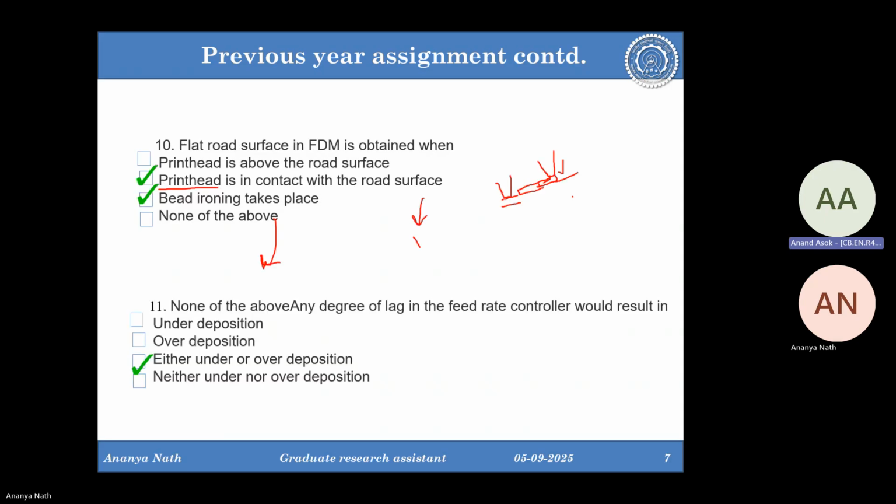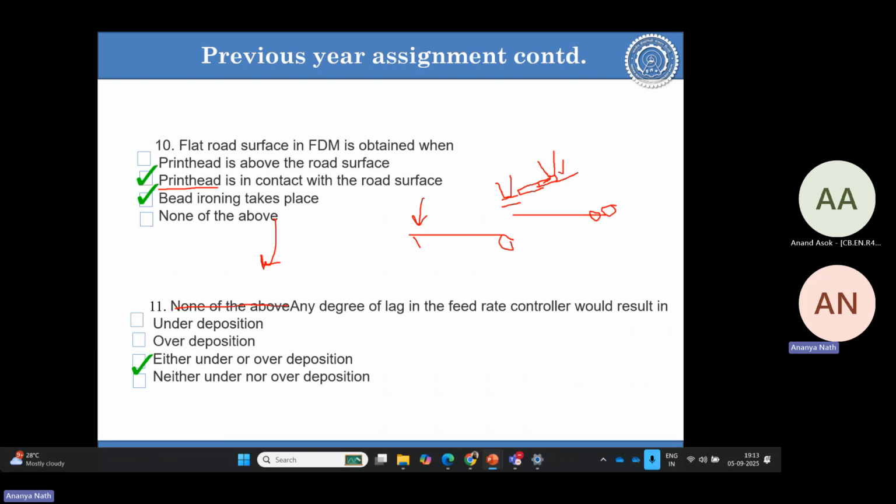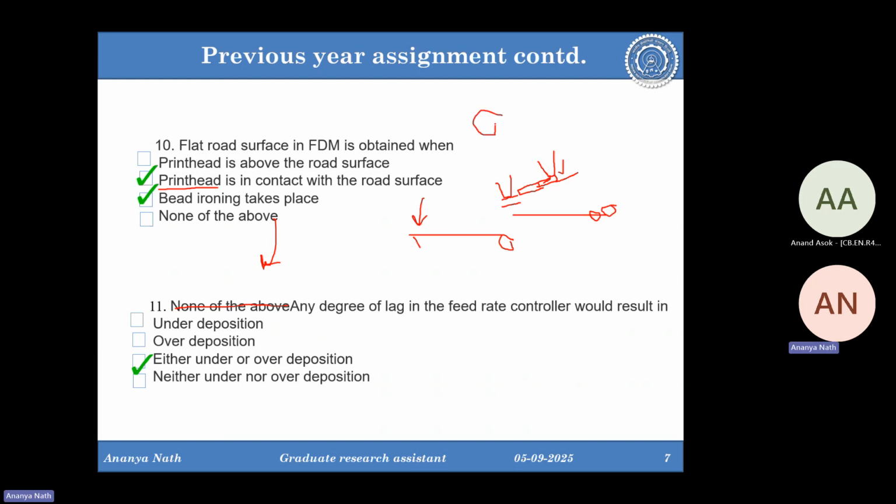Second question, can you explain once more? The 11th question. Yes, ma'am. Any degree of lag in the feed rate controller would result in... That means the feed rate controller is basically the pinch roller, through which your wire is coming. Any lag means the feed rate is not proper.